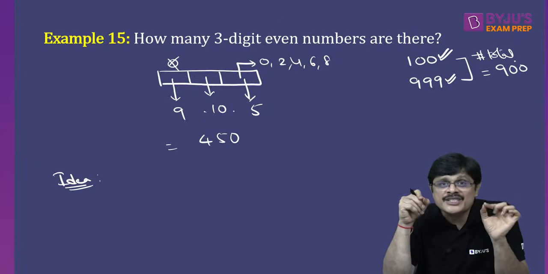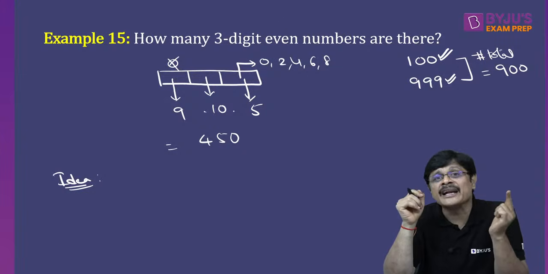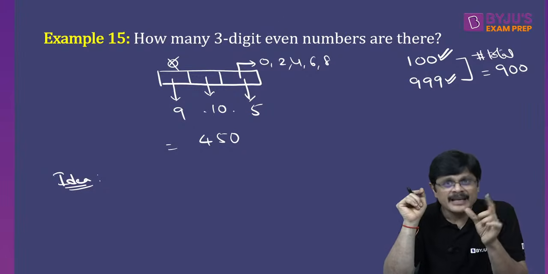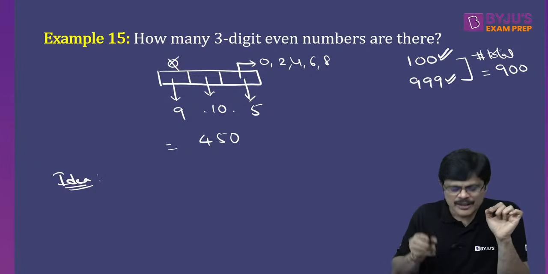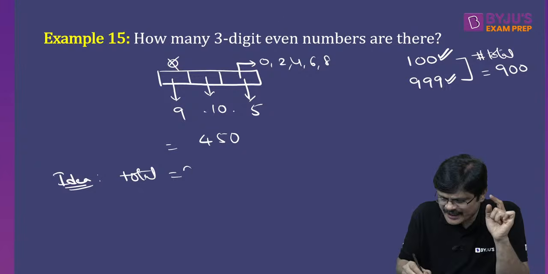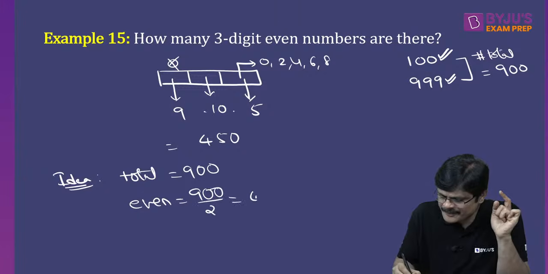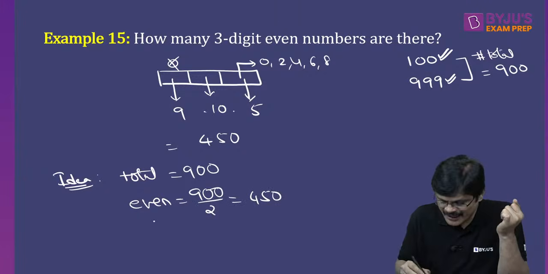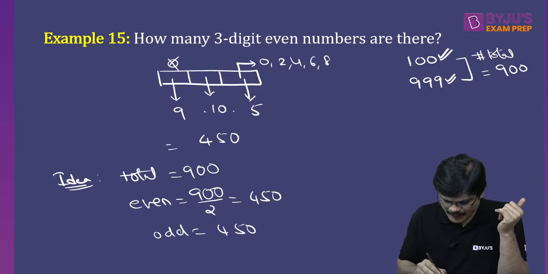So we have consecutive integers, starting from even and ending with odd or vice versa. Half of them will be even and half of them will be odd. So in the total of 900, half are even and half are odd. So odd would be 450 only, because half of them even means half of them odd.